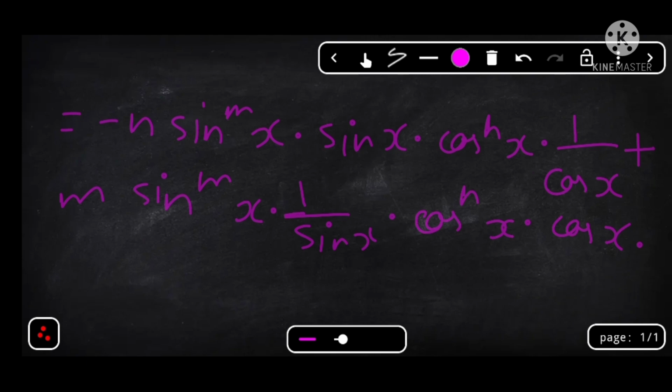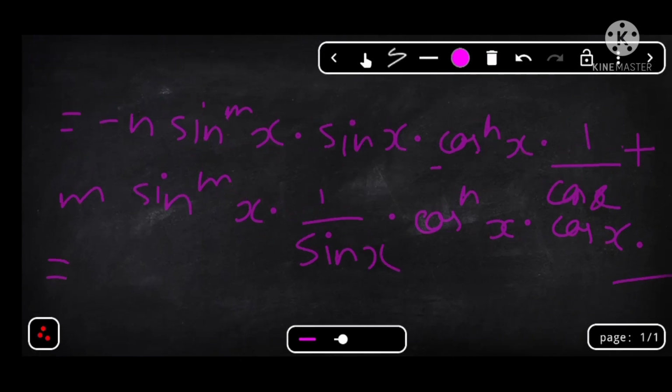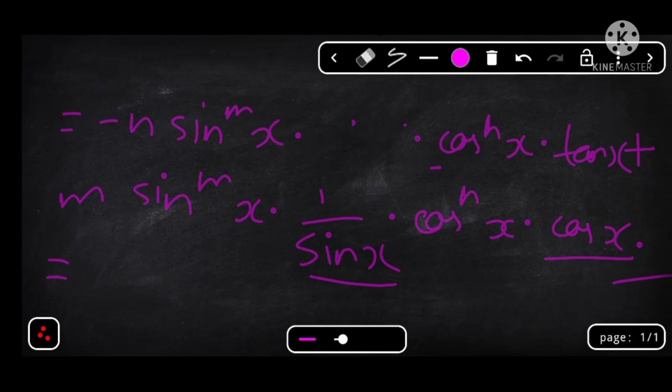Here, sin x divided by cos x is tan x, right? So instead of this I can write tan x. Similarly here cos x divided by sin x is the same as cot x.